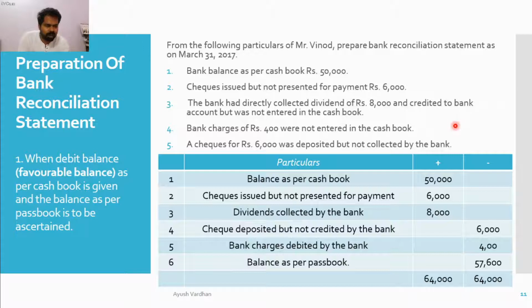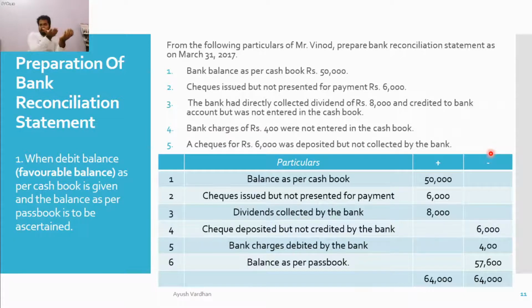So this is a condition when passbook and cash book are equal. Once we make these kinds of entries, we forget about the balance and the rest of the entries. We will only focus on the one entry only.